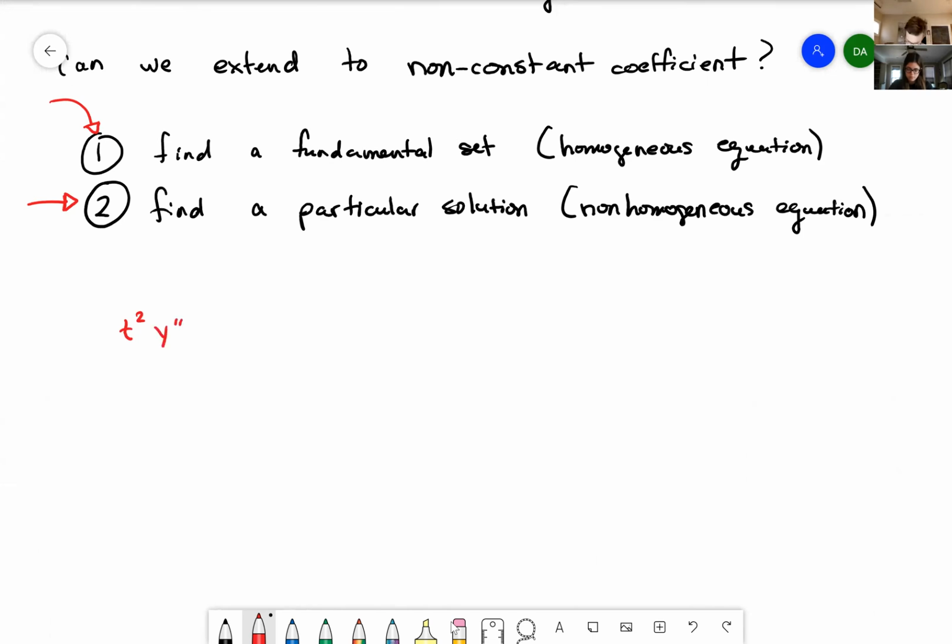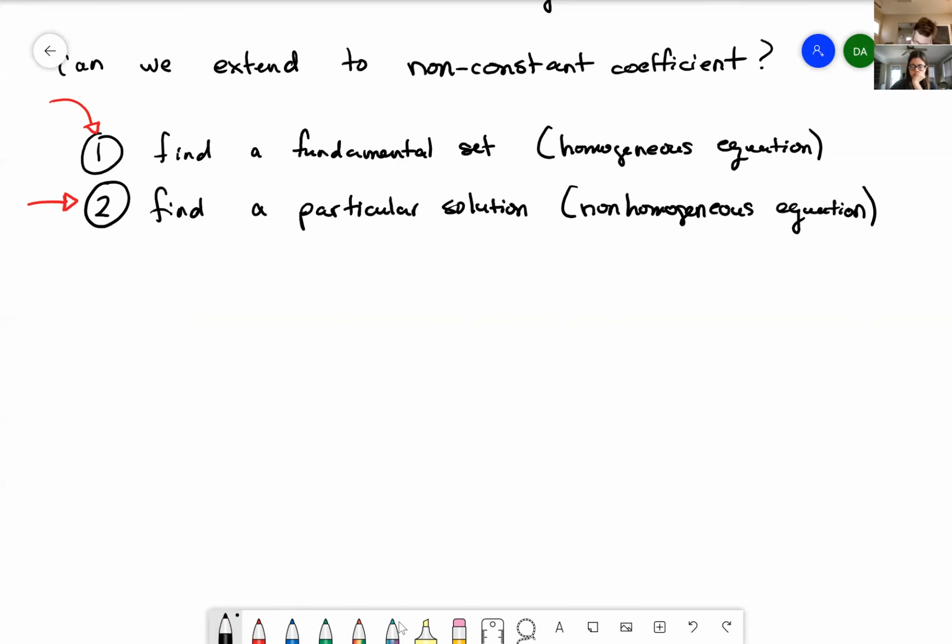We can figure it out. It involves looking at that integral and doing integration by parts, but we didn't talk about that. So this is a problem. What can we do when we have non-constant coefficients?